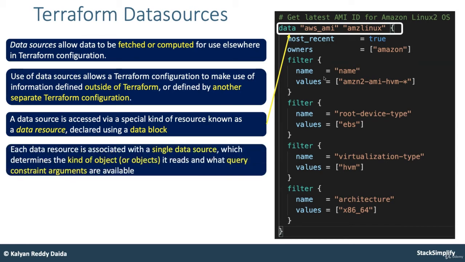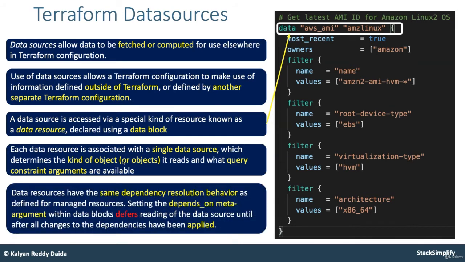Okay, so each data resource is associated with a single data source. This is a data resource, and it is associated with a single data source, which determines the kind of object or objects it reads and what query constraint arguments are available for it. And finally, we also discussed that a data source is also a kind of resource.